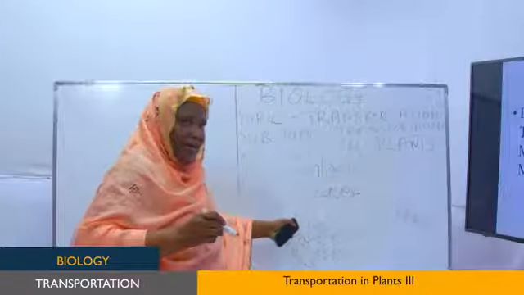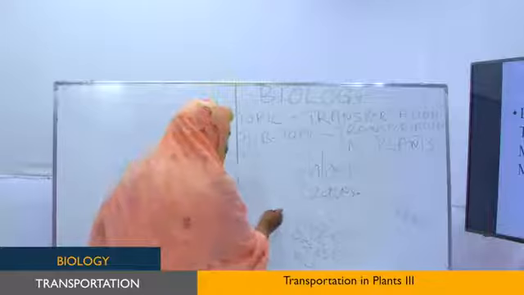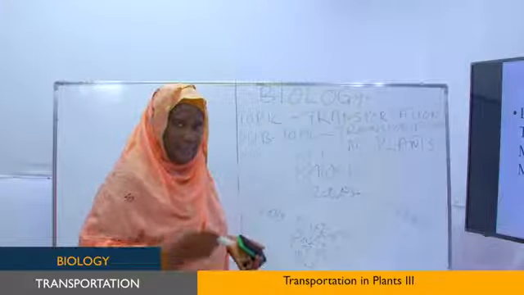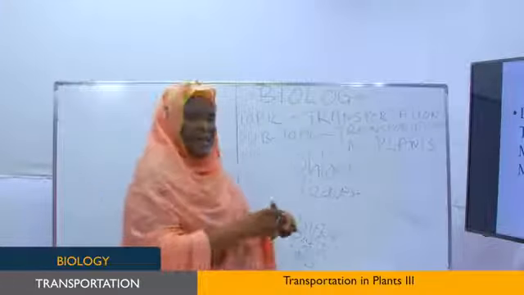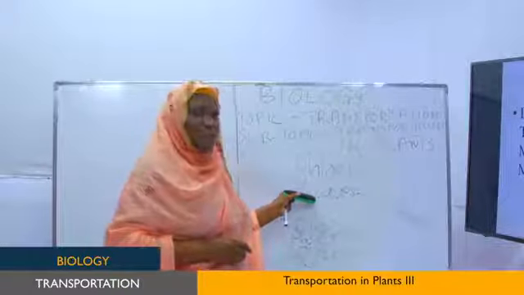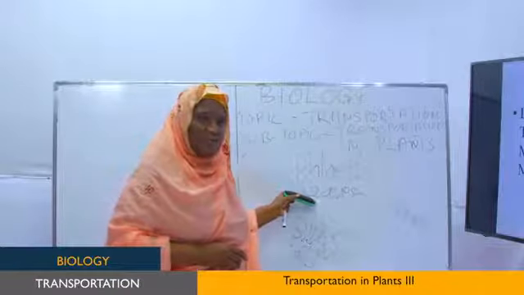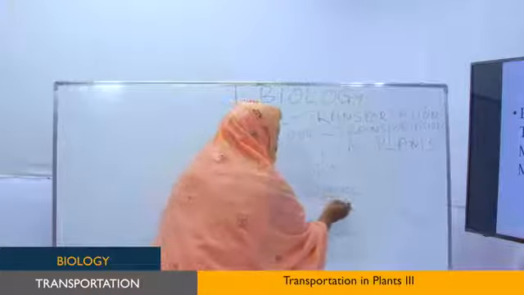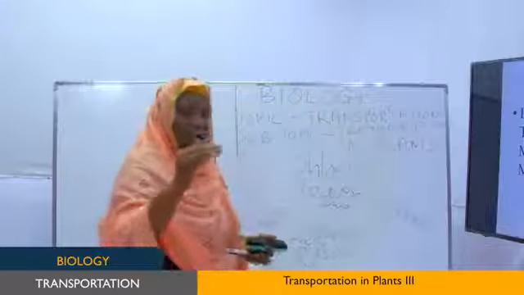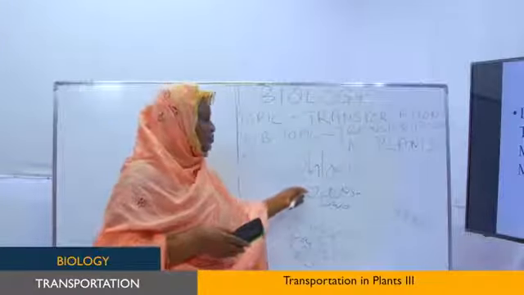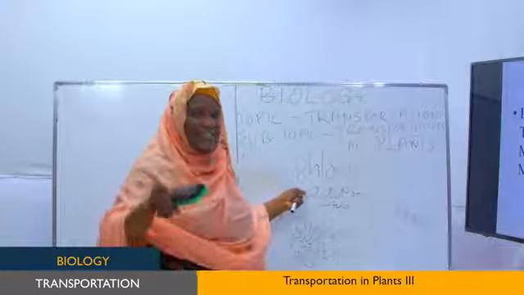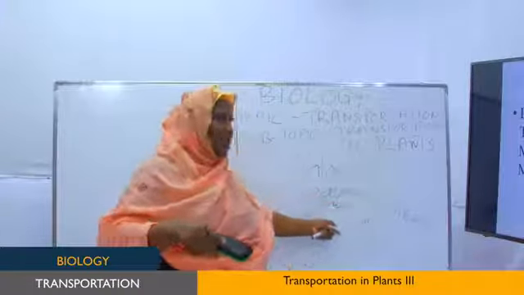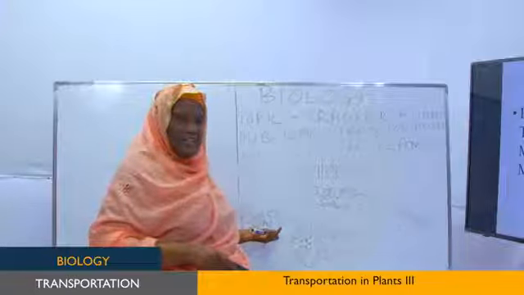Different parts here include roots and all other parts. And leaves here, which synthesize food, are considered to be the source. The source synthesizes food, that is the leaves. After being synthesized, the food is carried by phloem and it is poured to the sink.